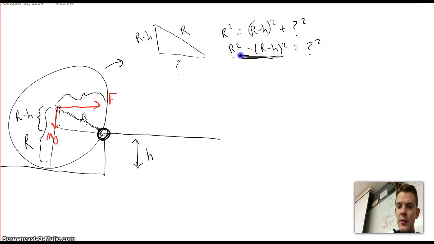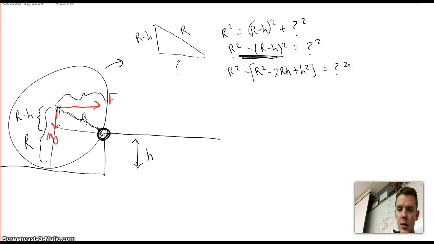And now I can just simplify this. r squared, and that goes away.